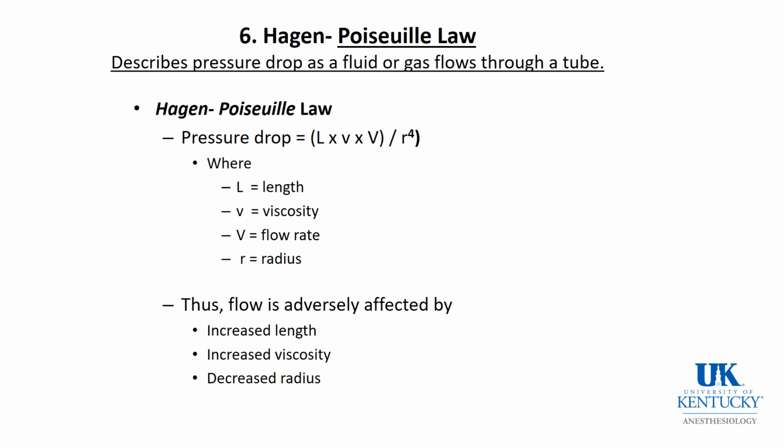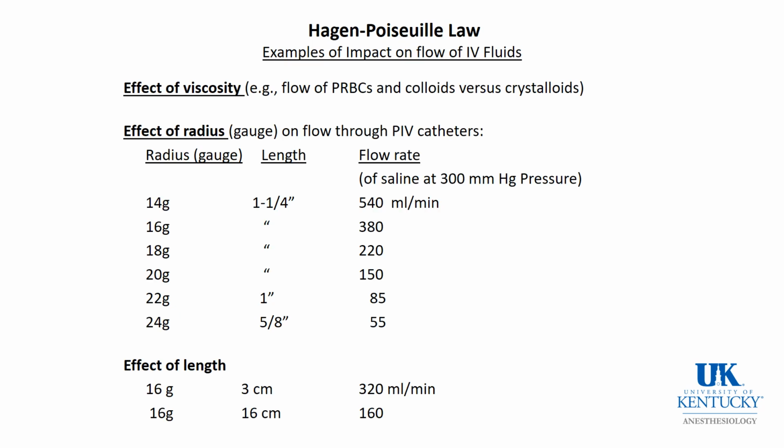Thus, the flow is adversely affected by increased length, increased viscosity, and decreased radius. This is very relevant to the flow through tubes.